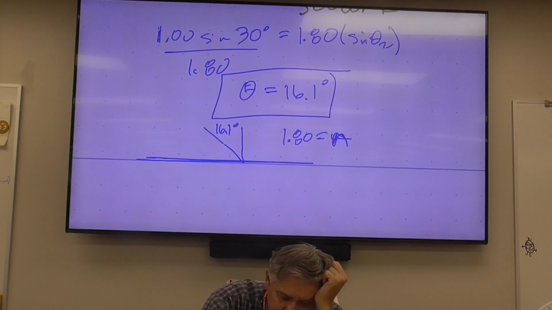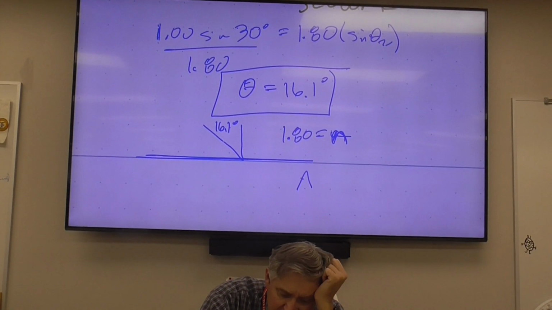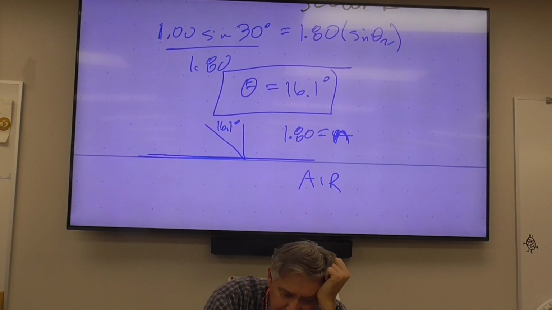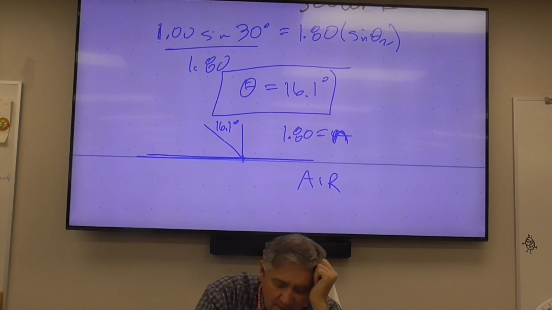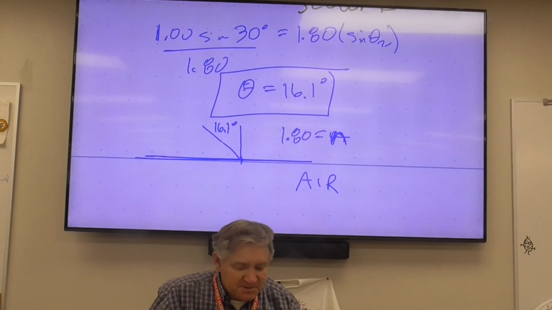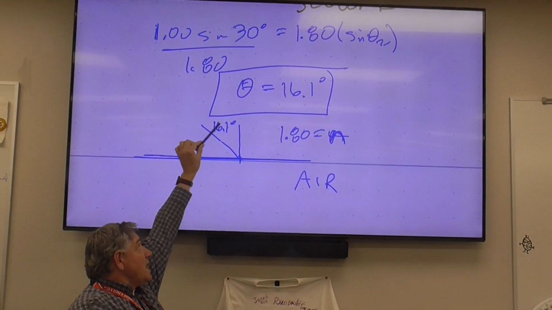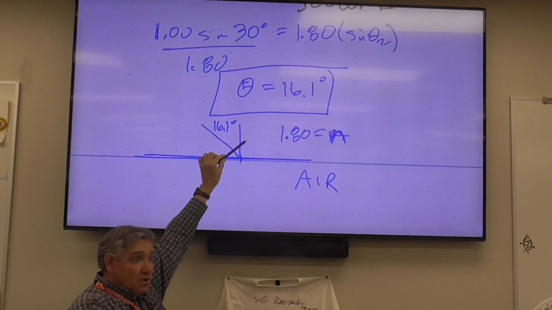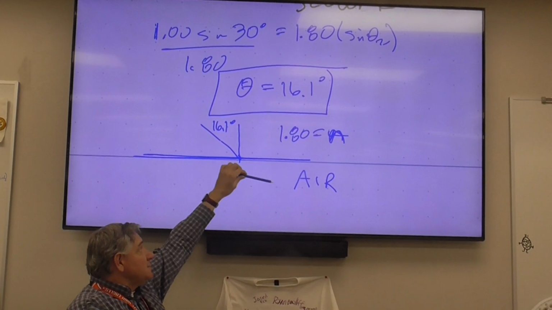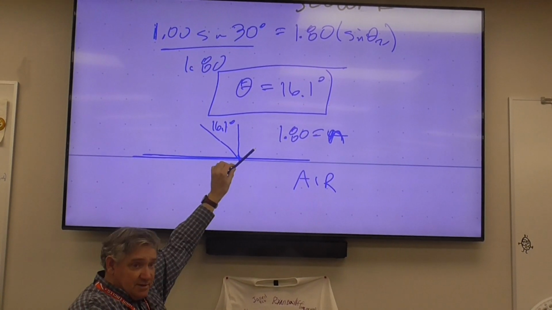That's a horrible n. And this is air, right? If you look at it from this perspective, you're going from a very slow medium to air. So what's going to happen here?